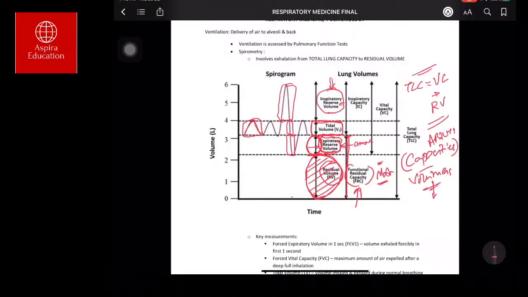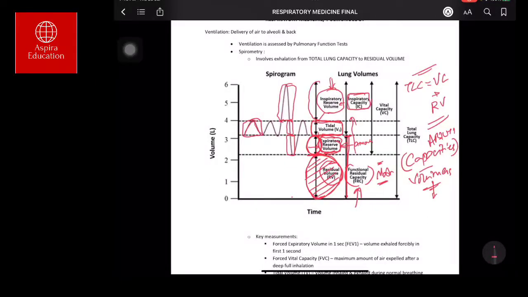It is the expiratory reserve volume that people tend to increase, leading to an increase in the functional residual capacity. At the same time, the volume of air that one can inhale over and above the tidal volume is called inspiratory capacity.